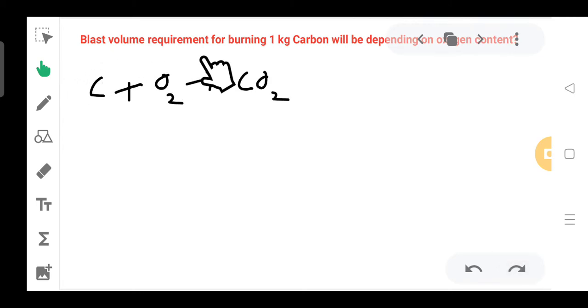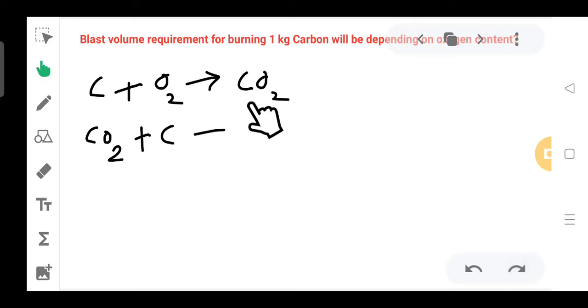The temperature at this raceway zone is very high. That's why this carbon dioxide, which is unstable above 1000 degrees, again reacts with carbon to produce carbon monoxide.